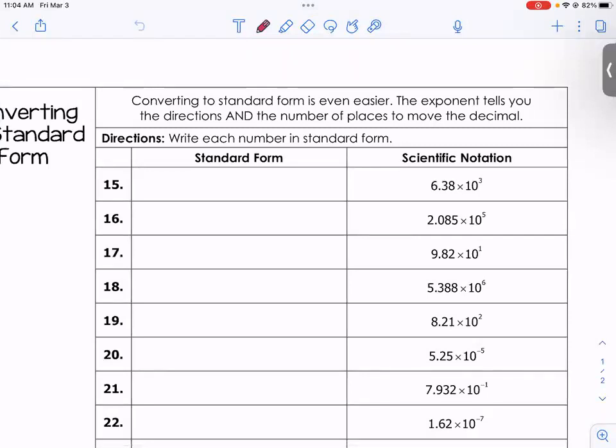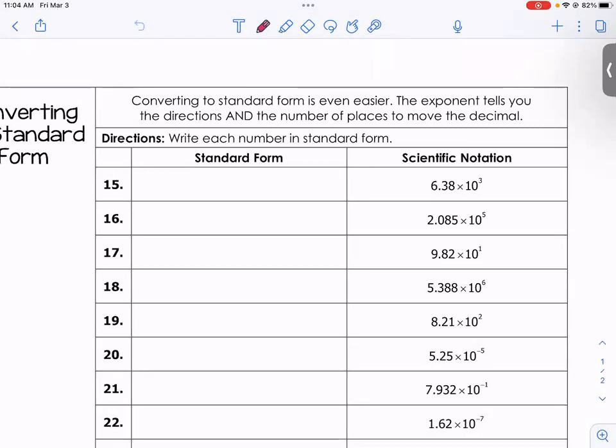Okay. So today we're going to go the other way. So notice on page 18 how you have numbers that are already in scientific notation. Now, what do we know about numbers that have positive exponents in scientific notation?